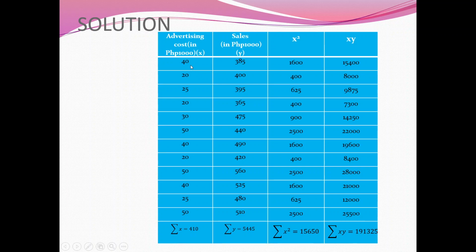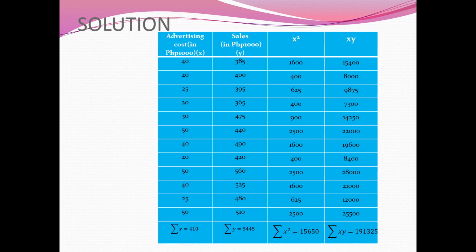So we have to find the total of the x, and the total is 410. So this is understood as 410,000. And then for the weekly sales, we have a total of 5,445. When we multiply it by 1,000, this is understood as 5,445,000.